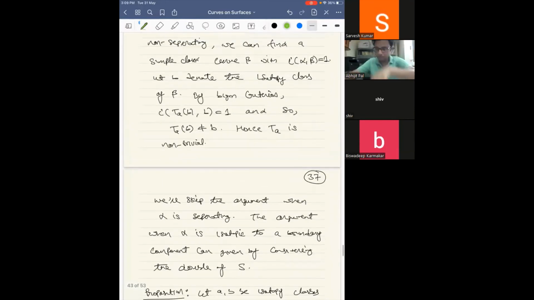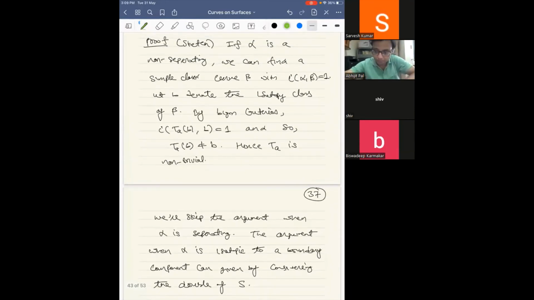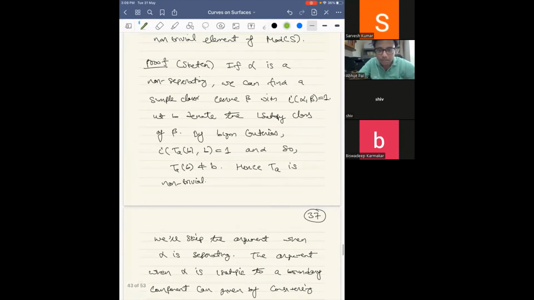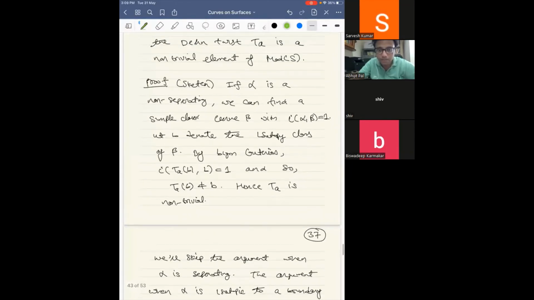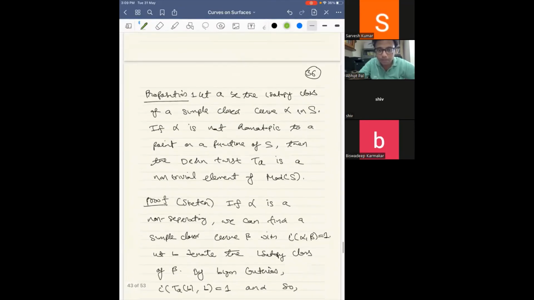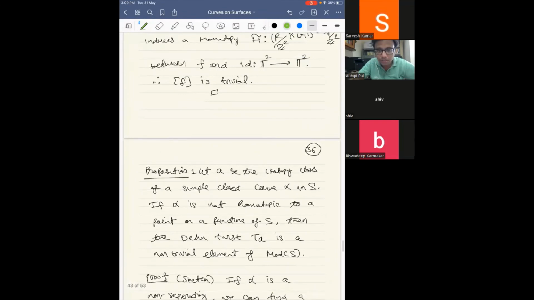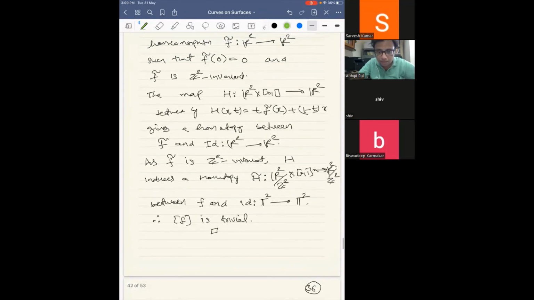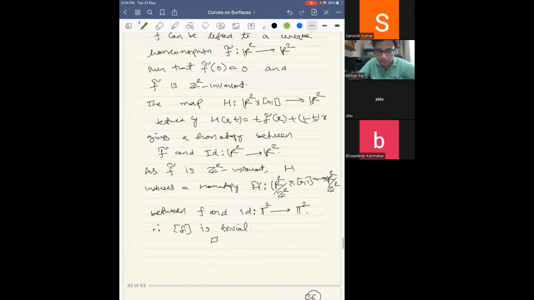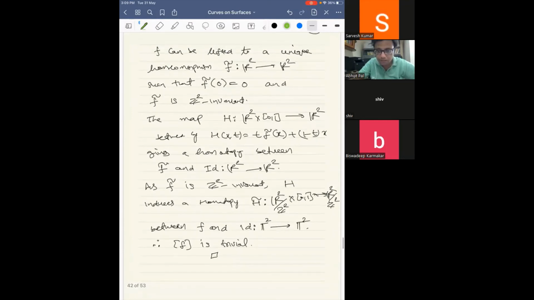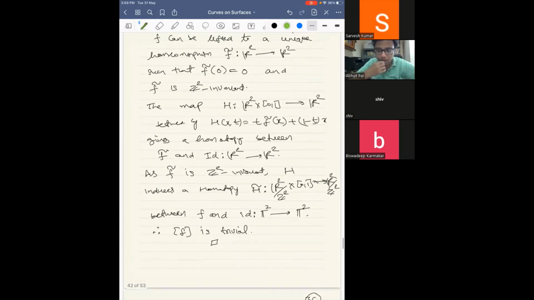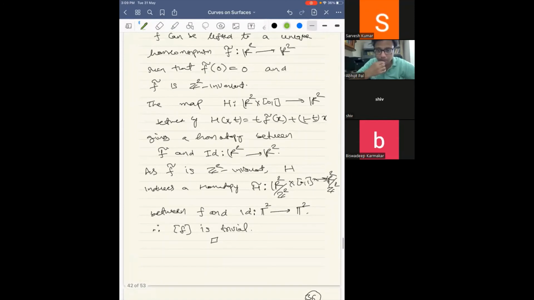Yes, Shiv. Regarding the previous theorem, where you are proving that the mapping class group of the torus is SL2(Z), regarding this homotopy H, why will it give the homotopy H tilde? Because F tilde is Z² invariant, that you have to use, right? Otherwise it won't give it.